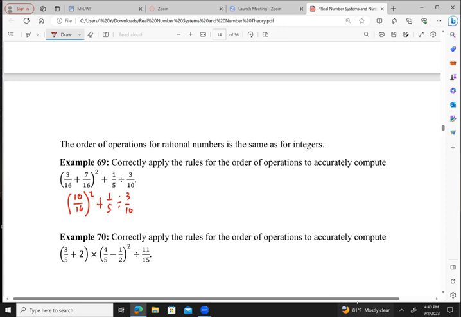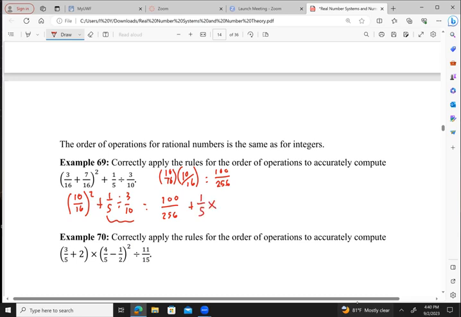Well, squaring it is simply saying 10/16 times 10/16, which is 100 over 16 times 16, which is 256. So that's 100 over 256, plus, and now I have division here, of 1/5 divided by 3/10.